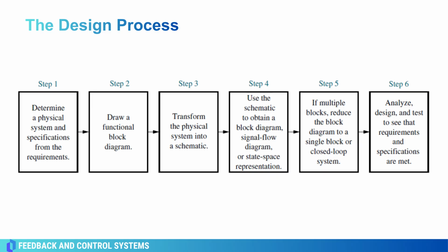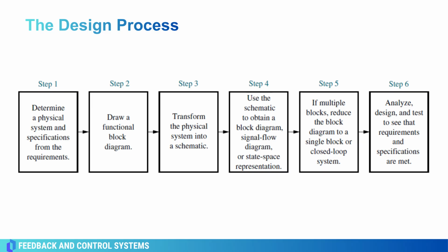These laws are: in Kirchhoff's voltage law, the sum of the voltages around closed paths equals 0, and in Kirchhoff's current law, the sum of electric currents flowing from a node equals 0. For Newton's law, the sum of forces on a body equals 0, and the sum of moments on a body is equal to 0.